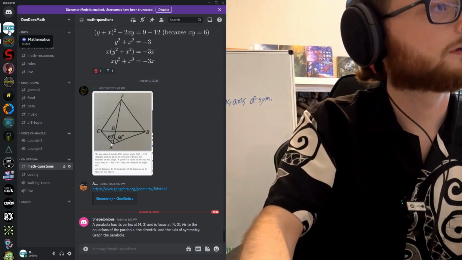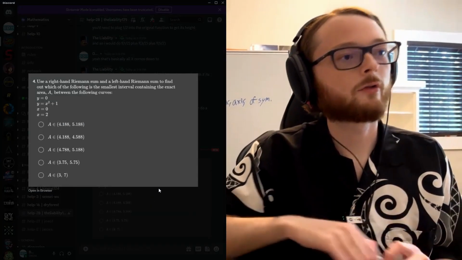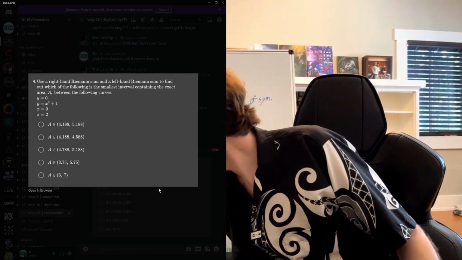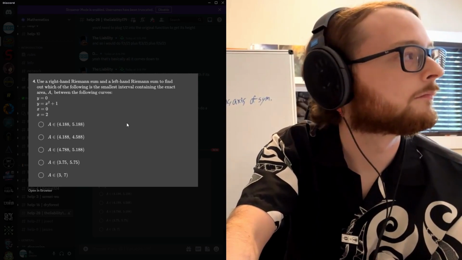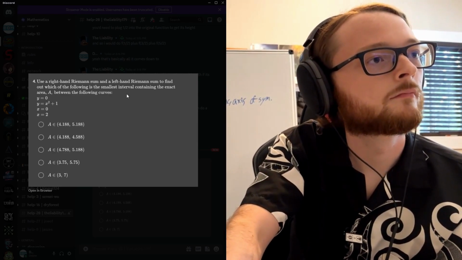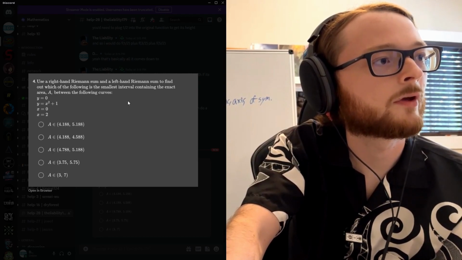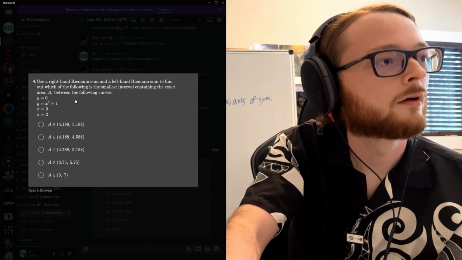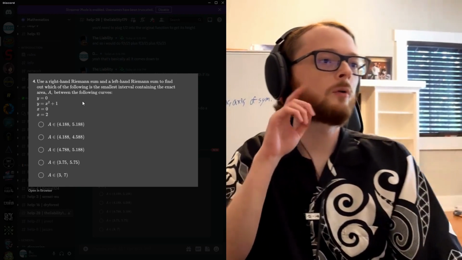Let me check that person. Oh, okay. So this is a similar one. Right hand sum and left hand sum to find out which of the following is the smallest interval containing the exact area A. Which is the smallest interval.